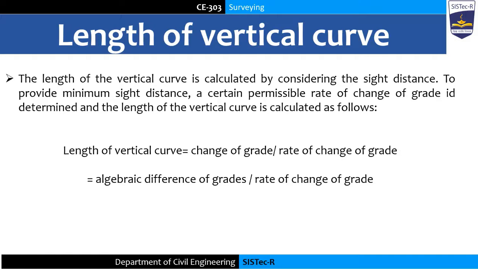You can calculate change of grade by the algebraic difference of grades. This we will see later. So length of vertical curve is equal to algebraic difference of grades upon rate of change of grade.